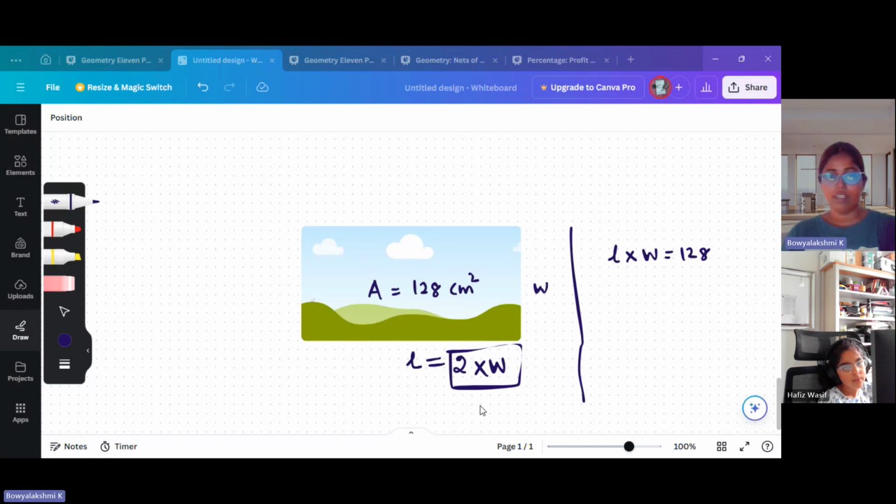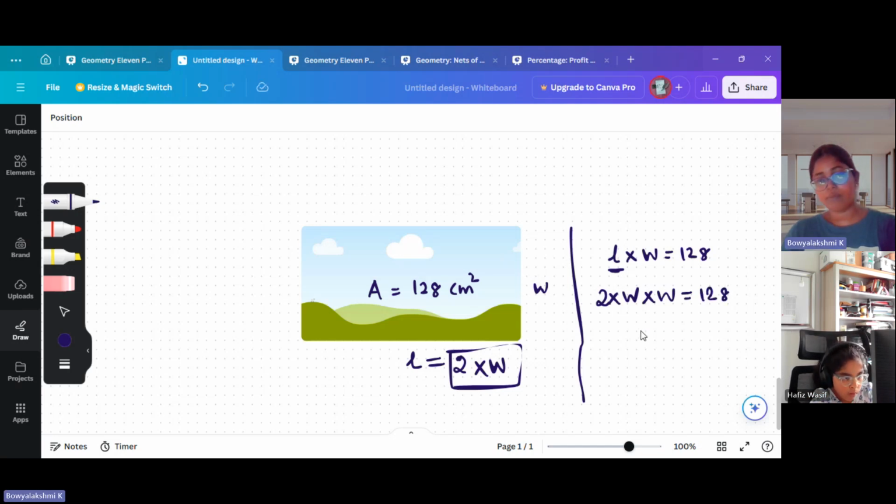I know L can be replaced with 2 times W. Now I have only one variable, W. So W times W is W square, equal to 128 by 2.